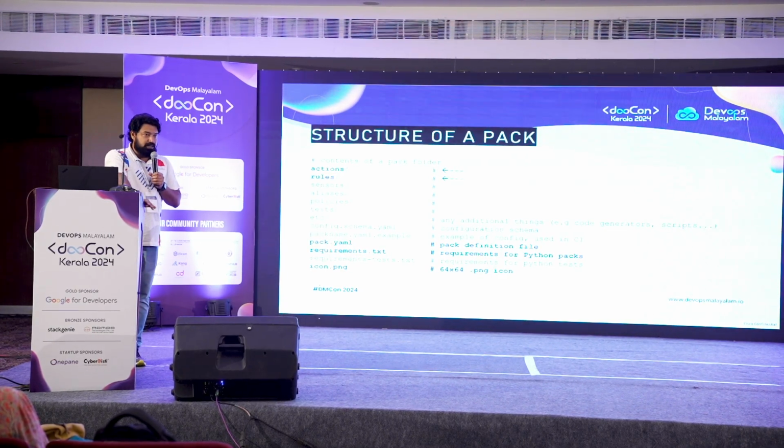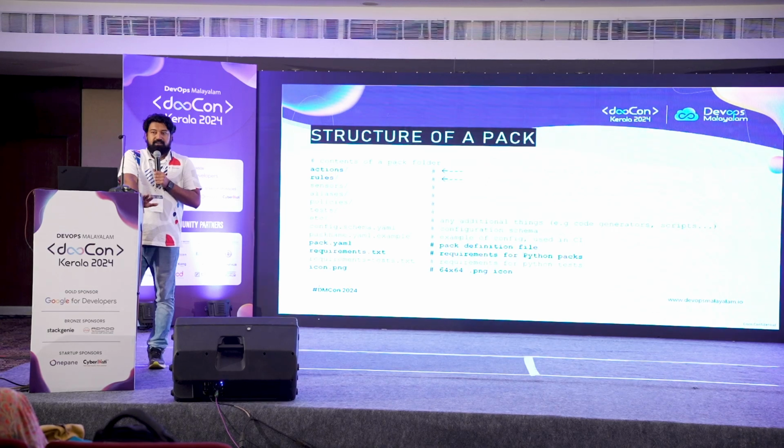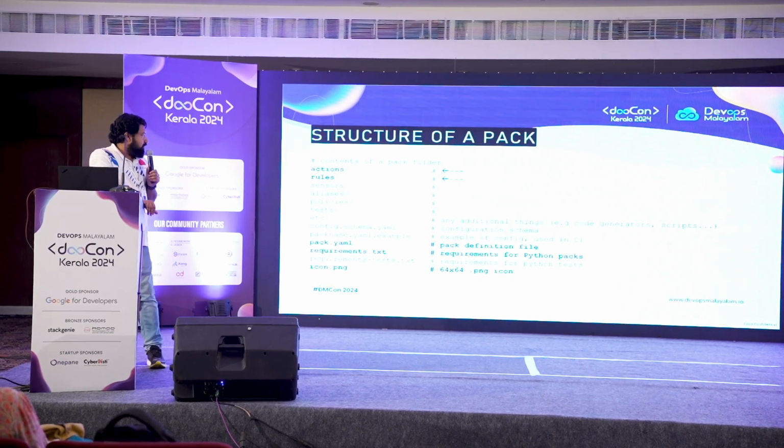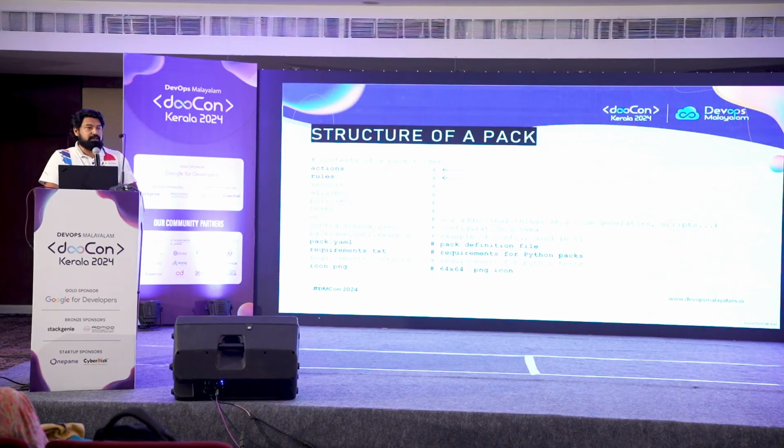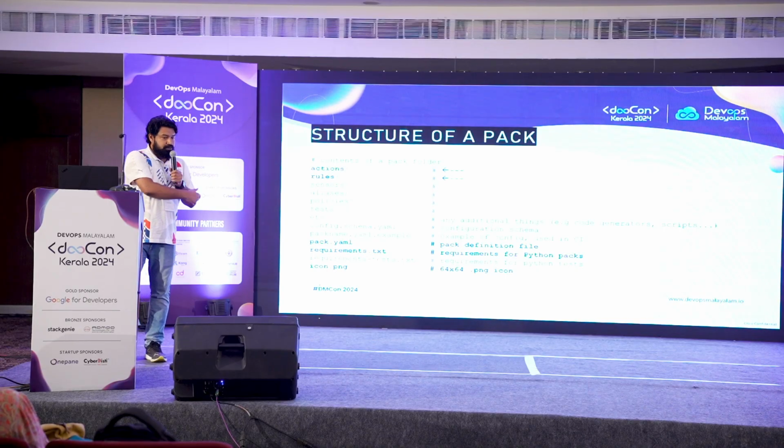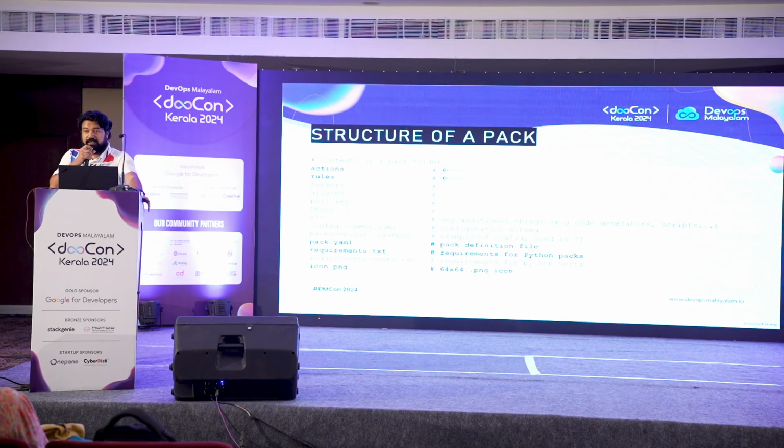StackStorm is completely on Python. It's developed with Python, so anyone who knows Python, it will be very easy for you to master that. You need some third-party tools or third-party packages for your automation. You can include that in the requirements.txt. For Kubernetes there is a Python SDK, and you can include that.